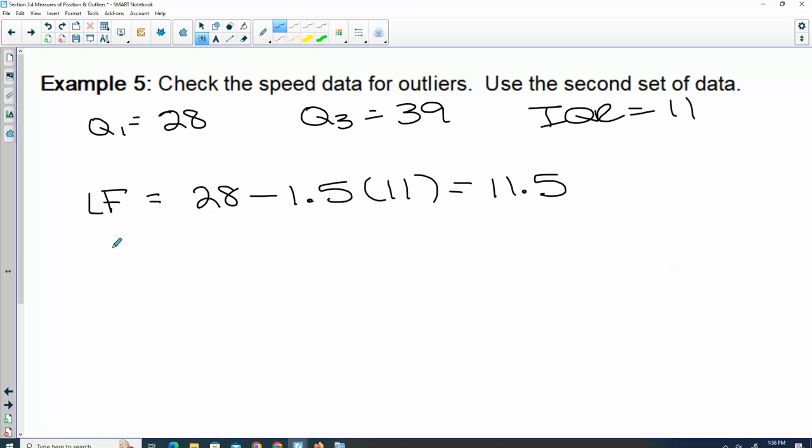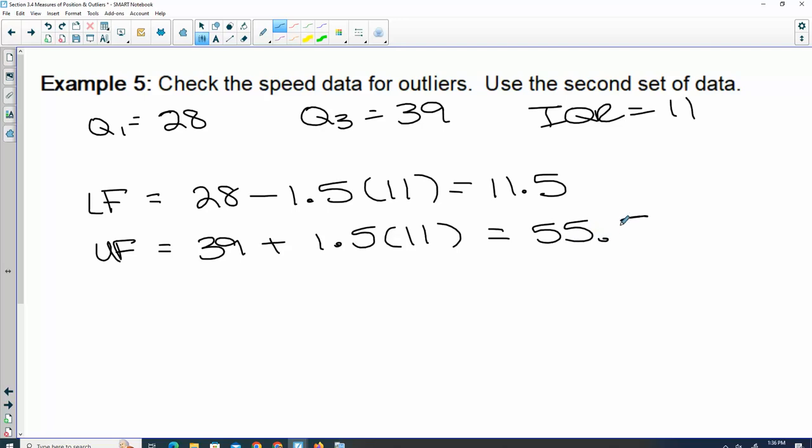To find the maximum, we do the upper fence. So quartile 3 plus 1.5 times the interquartile range. That gives me 55.5. Did we have any speeds that were bigger than 55.5? Yes.